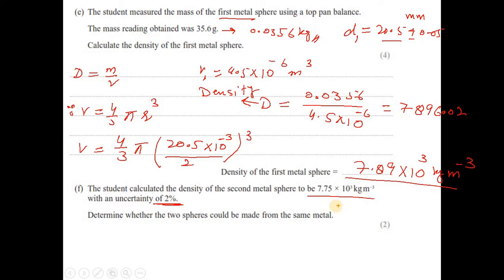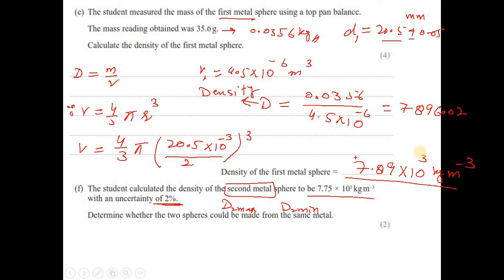And then using this uncertainty we are going to find the maximum and minimum density of this second metal sphere. So we will have D2 max and D2 min, meaning the minimum density and the maximum density with respect to the given range of uncertainty.